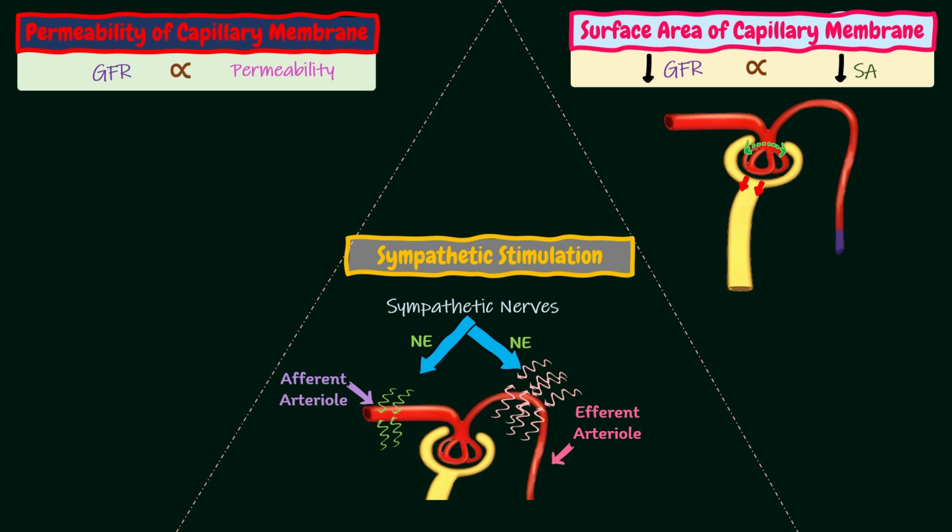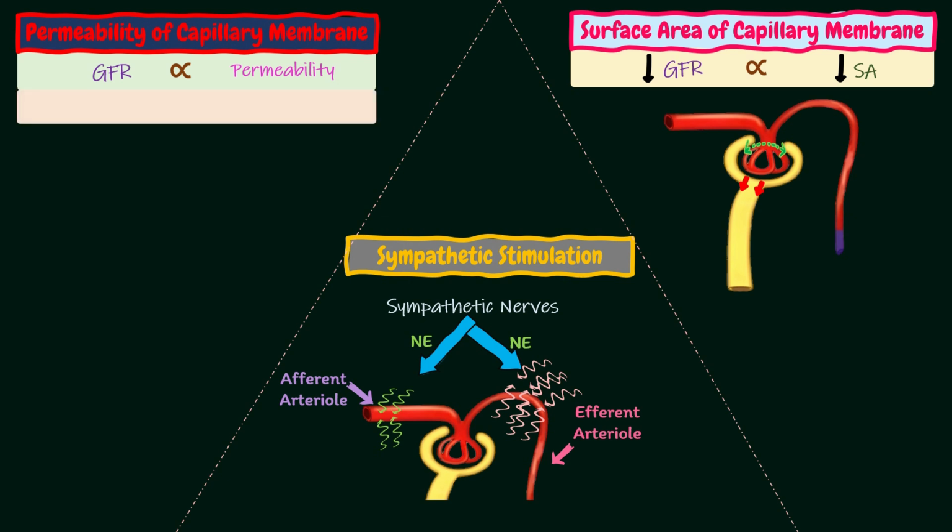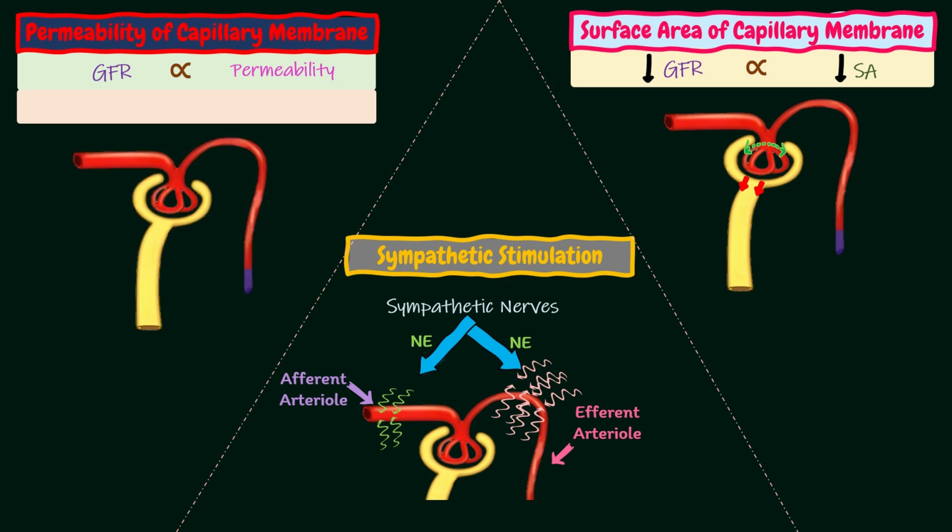Glomerular filtration rate is directly proportional to the permeability of glomerular capillary membrane. In many abnormal conditions, like hypoxia, lack of blood supply, or presence of toxic agents, the permeability of the capillary membrane increases. In such conditions, even plasma proteins are filtered and excreted in urine.